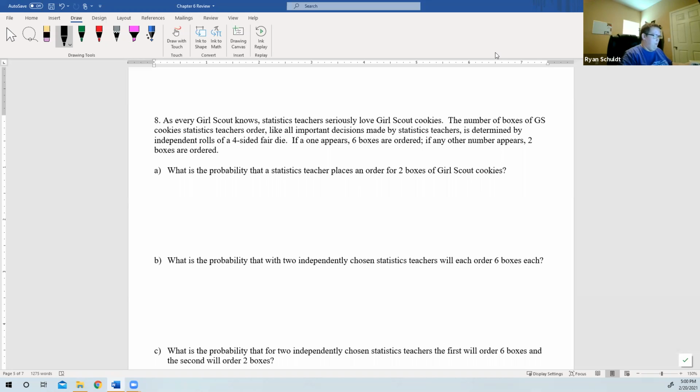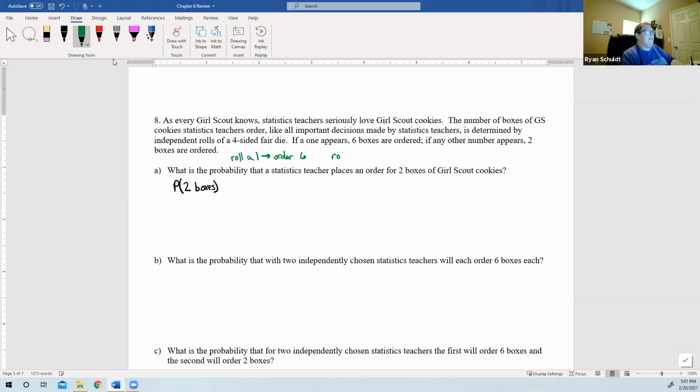Okay, so let's think about this here. We want the probability that we order 2 boxes. Well, what happens up here? If I roll a 1, then I order 6 boxes.